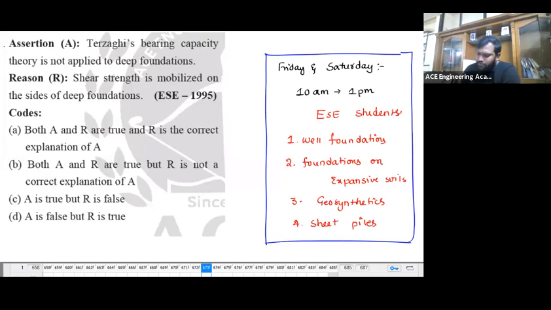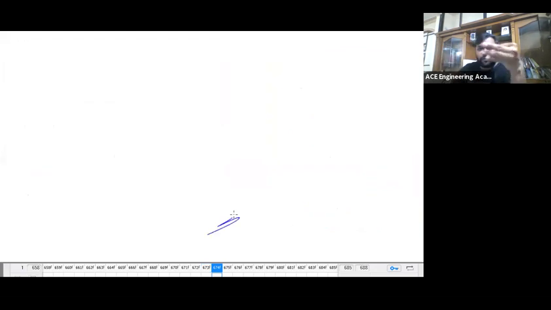Yes, we are going to solve the 2021 questions on Saturday. See, my plan: today we will complete the shallow foundations, and on Wednesday, Thursday, Friday, 3 days, we will complete the pile foundations completely. On Saturday the class would be full day.